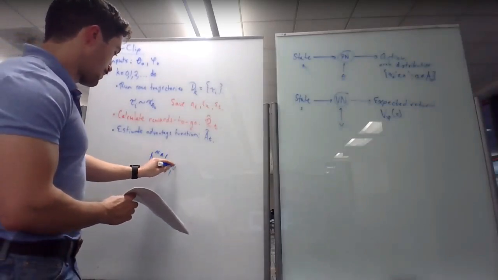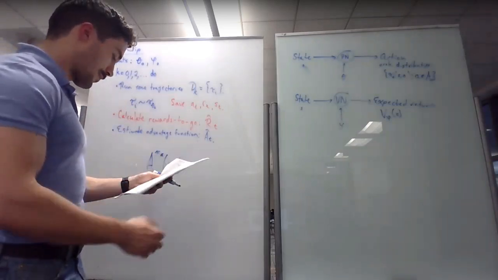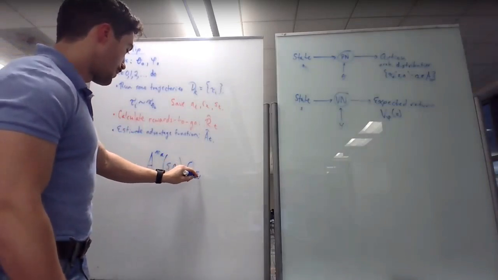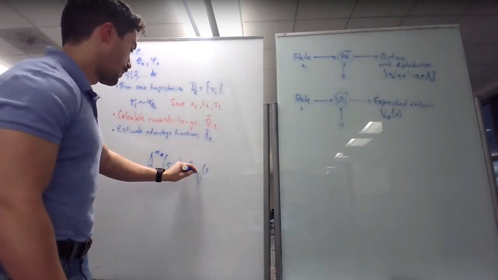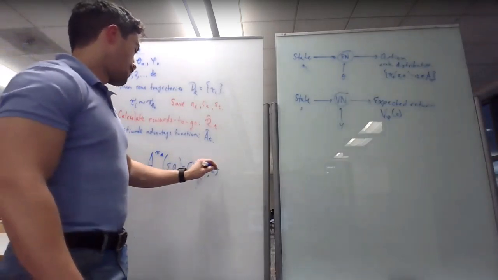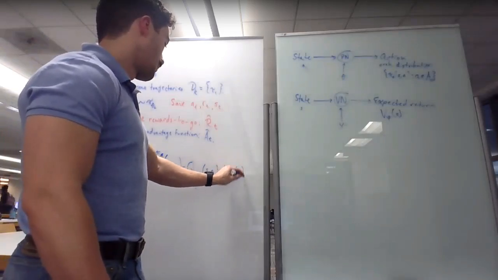And you plug in a state and an action. And this is equal to the Q function for that optimal policy, or I should say the optimal Q function, actually, minus the optimal value function of the current state.